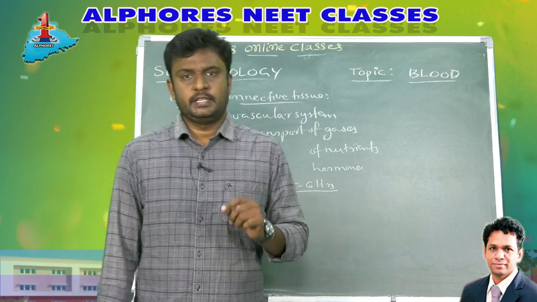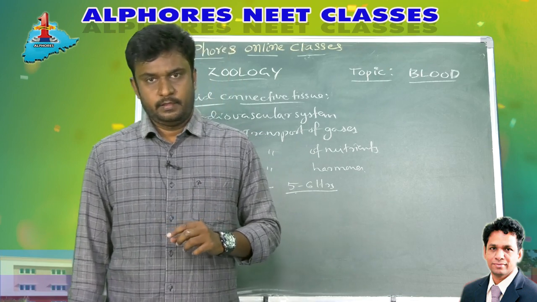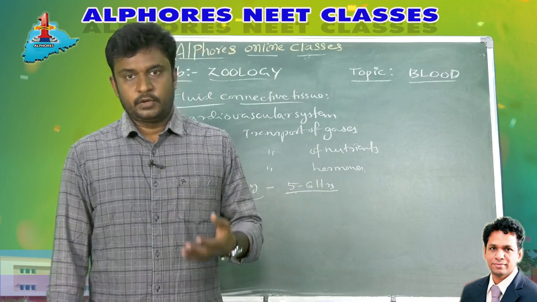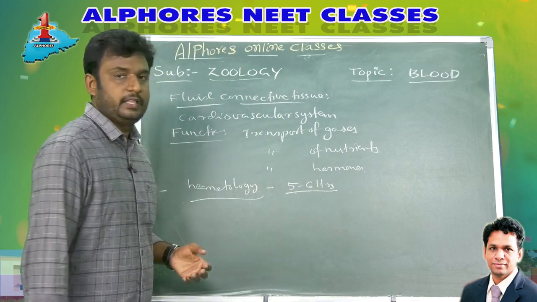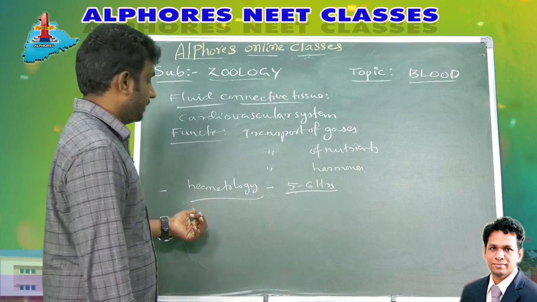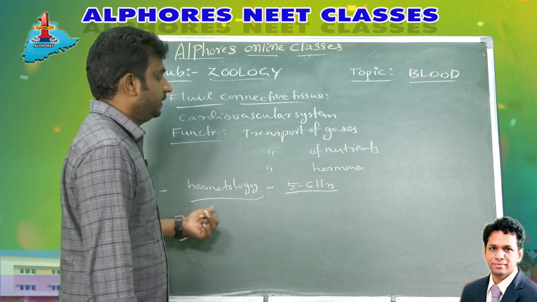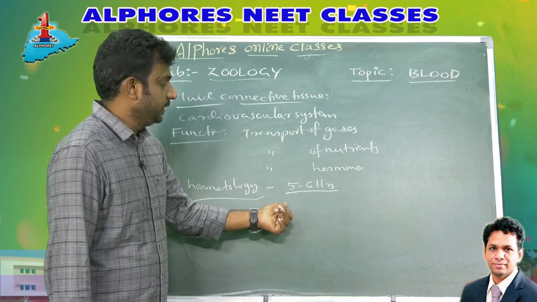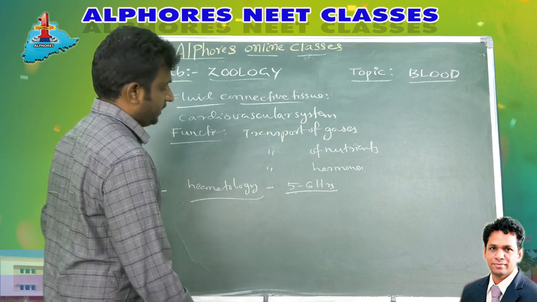During the menstrual cycle, some amount of blood is lost in women. That's why approximately 4.5 to 5 liters of blood is present in women, and 5 to 6 liters of blood is present in men. So some more amount of blood is present in men compared with women. Okay, so hematology is the study of blood, and the amount of blood in human beings is 5 to 6 liters.